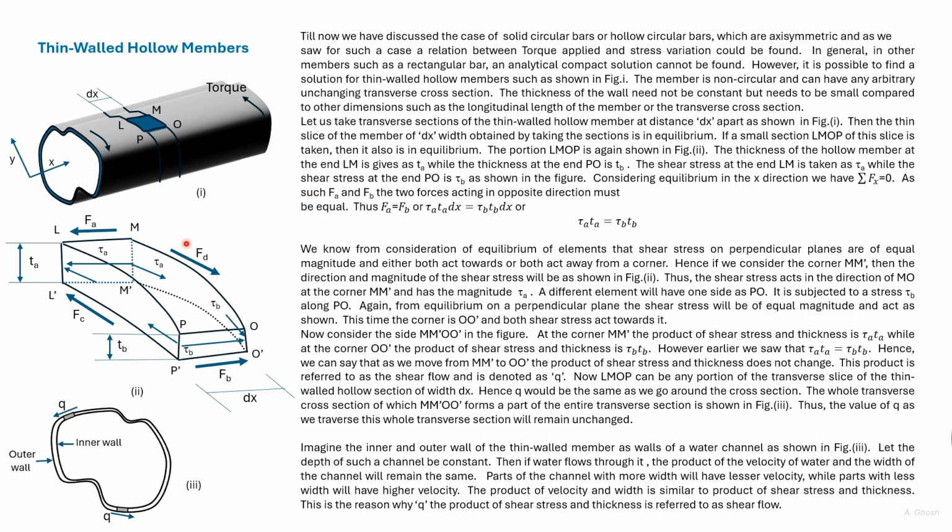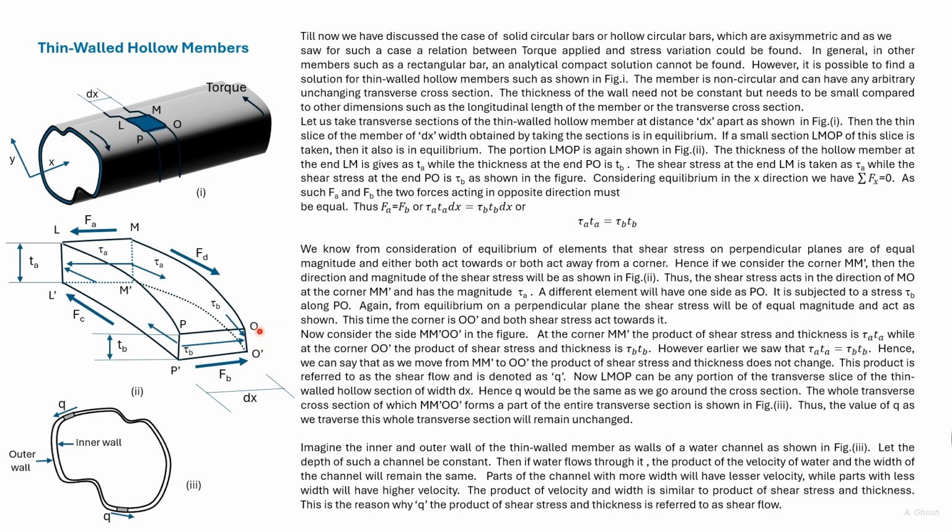So let us consider that MM dash is the corner of an element. Then since tau A acts away from MM dash, around the corner there would be a stress tau A that will also act away from MM dash.